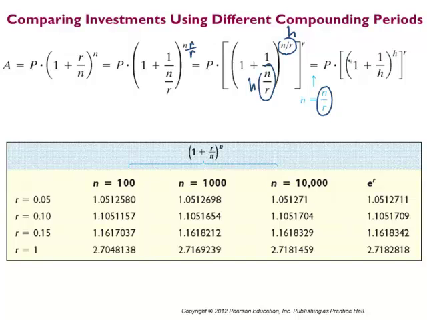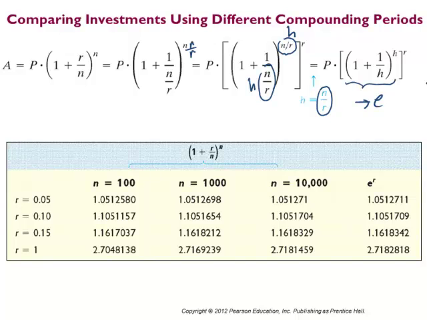And by the way, it's going to turn out that 1 plus 1 over h raised to the h power is going to actually become e when h becomes large, when h goes to infinity.